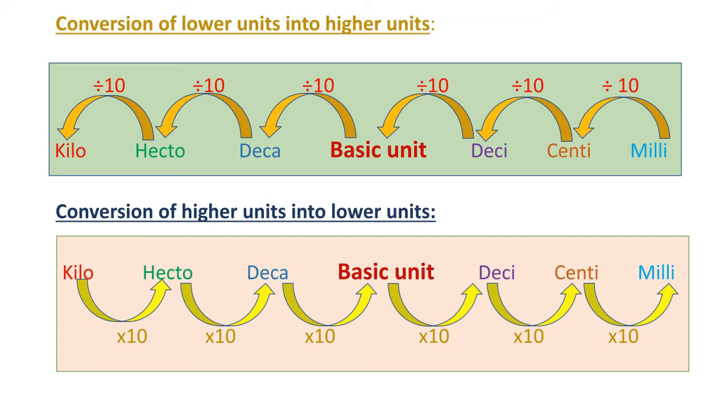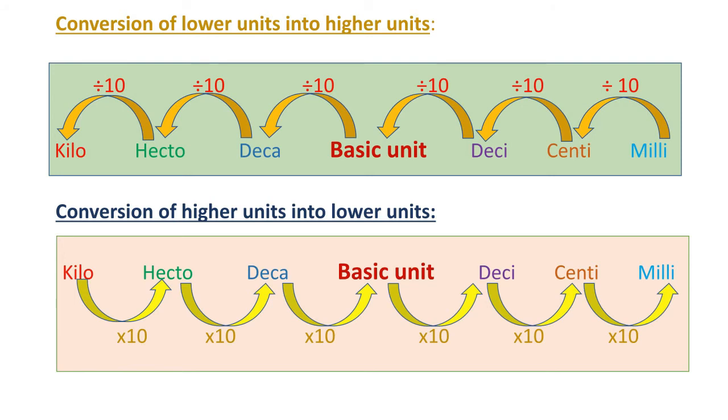So if we want to convert kilometer into hectometer, we will multiply it by 10. Similarly, if we want to convert kilometer into decameter, you will see here we have 2 times multiplication of 10, so that will be multiplied by 100.